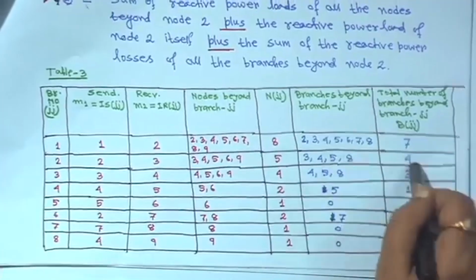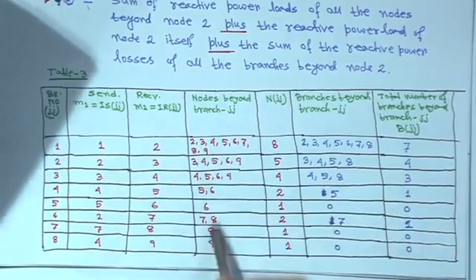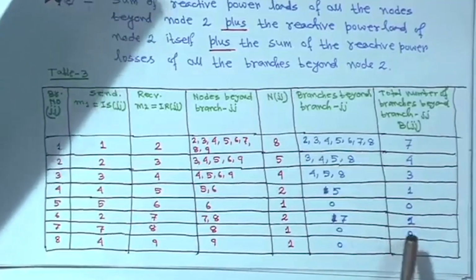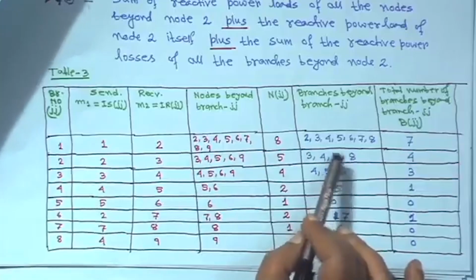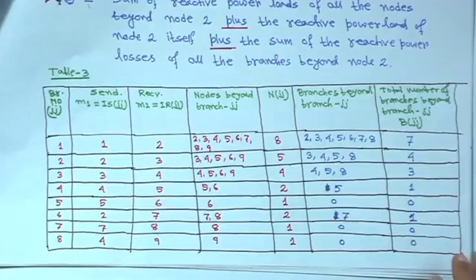That means this additional table you have to make for the second method of the load flow. This one will remain as it is, but these 2 additional data you have to feed to the computer. All algorithms for branch identification and node identification are available, but I thought this would be very easy for you to understand.